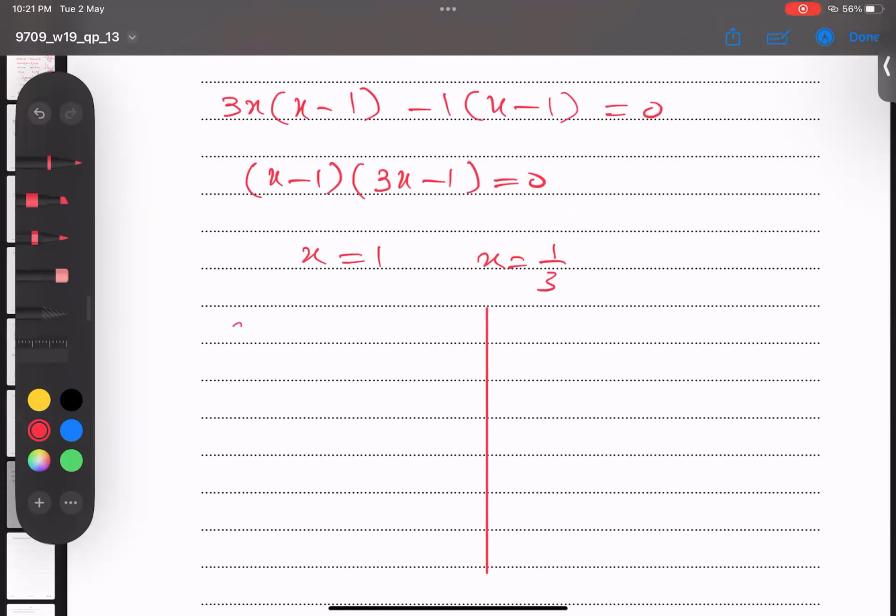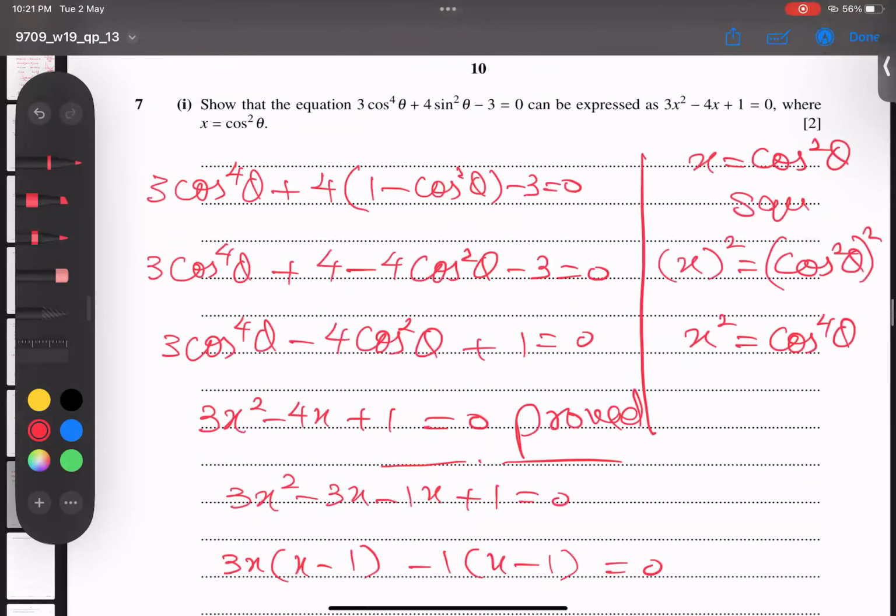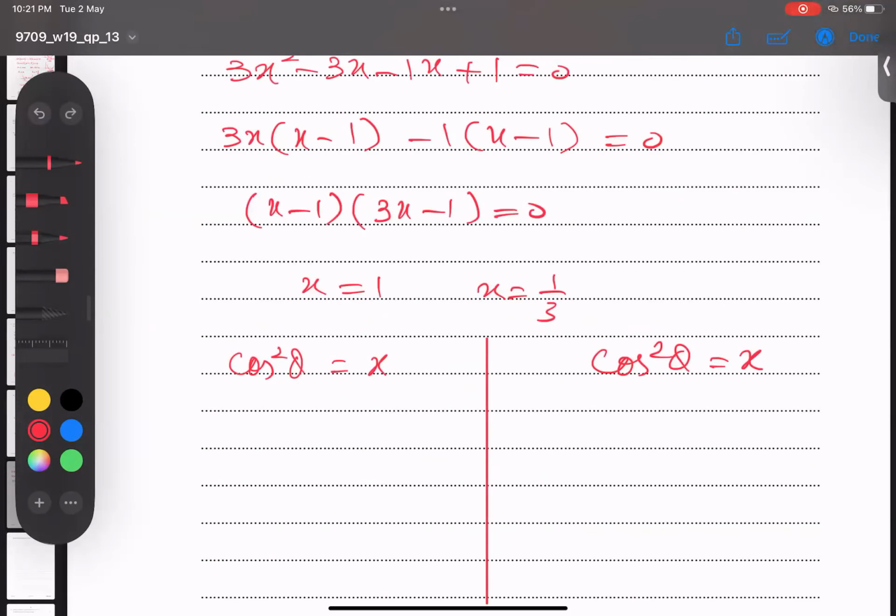Cos square theta is equal to x. So let me recheck. Yeah, this one comes here, and this 1/3 comes here.